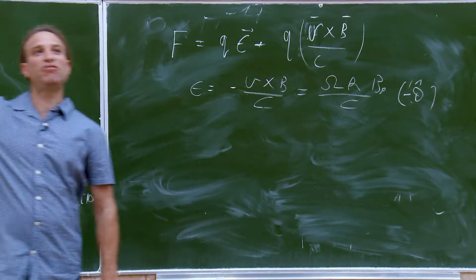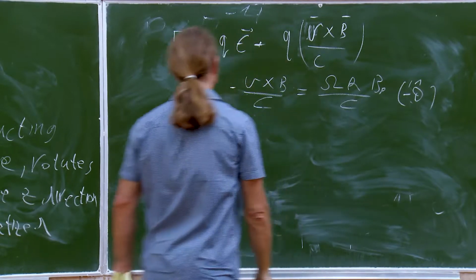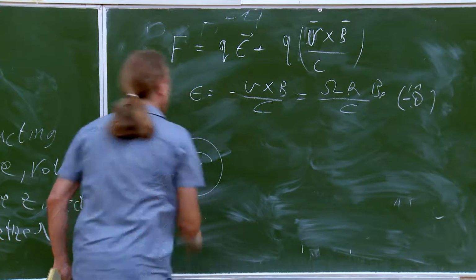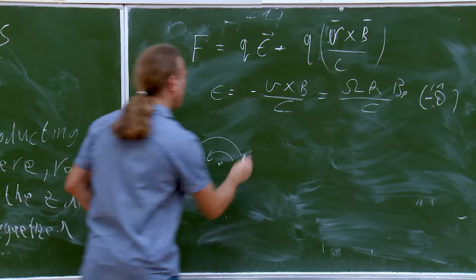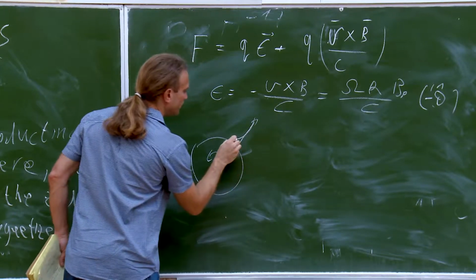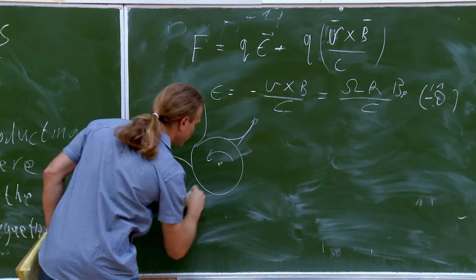So if I'm moving an infinite conductor, it is dragging the magnetic field with it. If I look at this sphere from above, and it is rotating in this direction, and the magnetic fields are doing this, when I start to rotate them, they will get dragged in this direction.